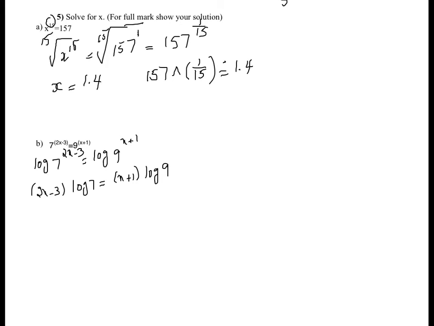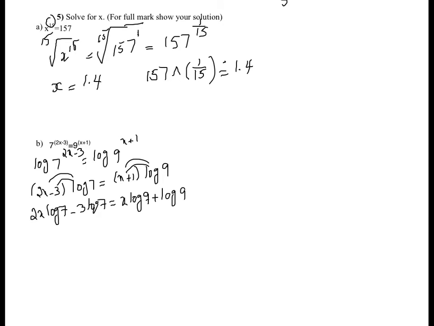Now I'm going to distribute log 7 inside the bracket. I'm going to say 2x log 7 minus 3 log 7 is equal to x log 9 plus log 9.